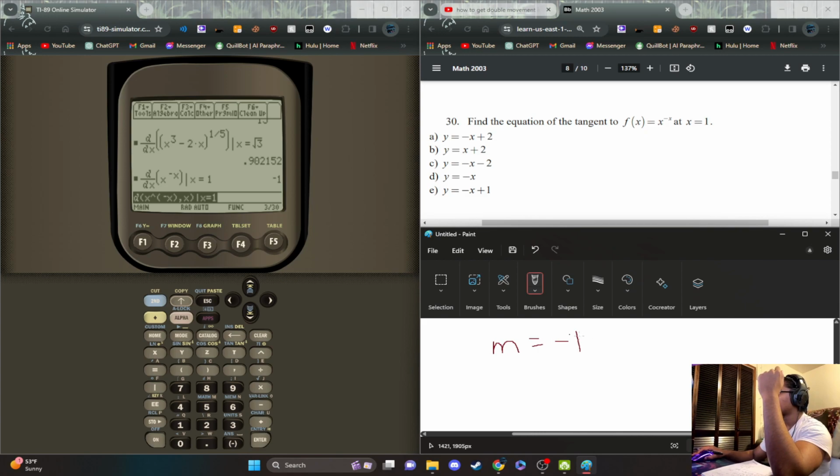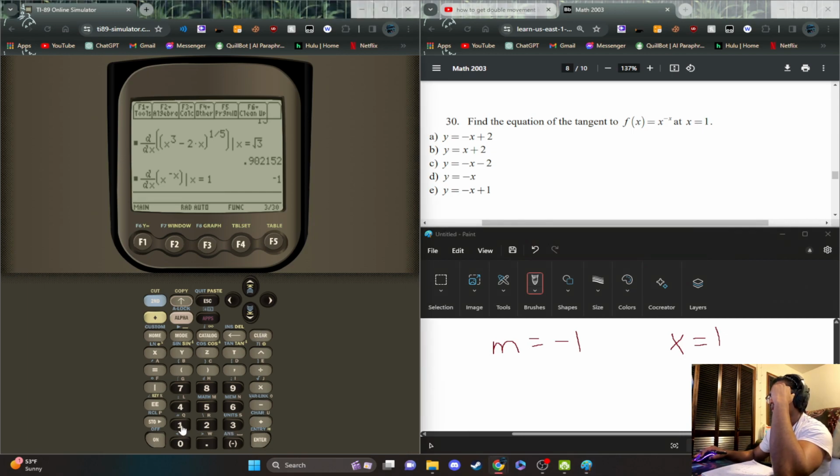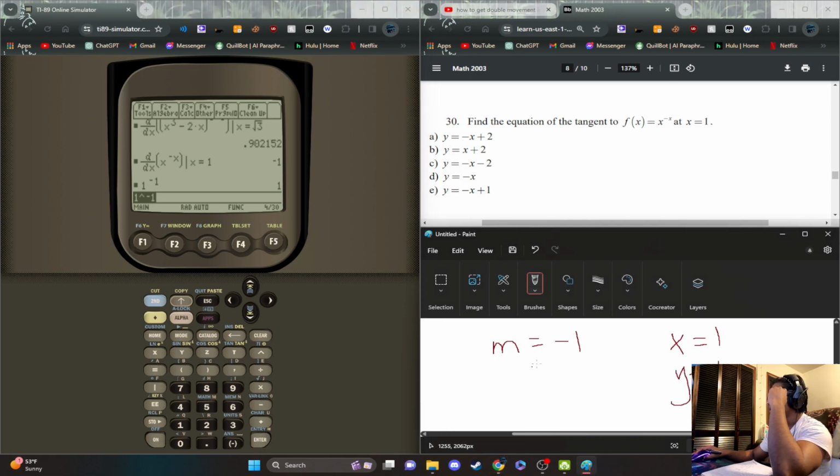Now let's make the equation. We have x is 1. Let's plug the x value, which is 1, into the original. So you have 1 to the negative 1 power, which is just 1. So y equals 1, x equals 1.